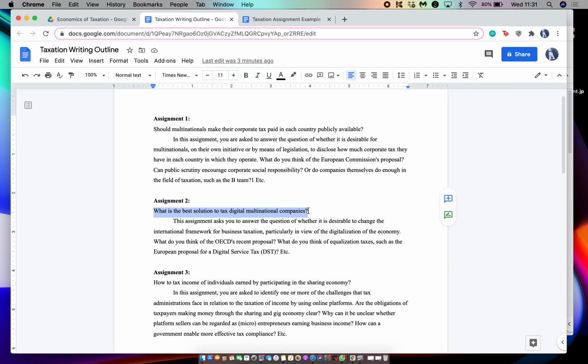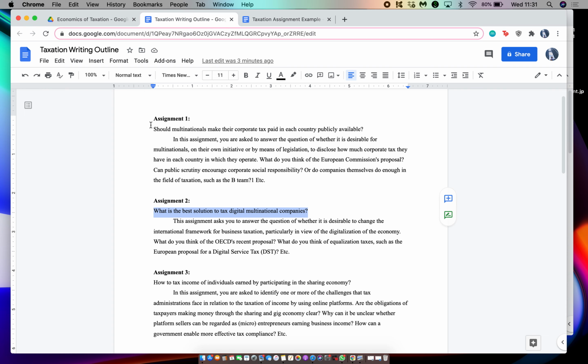That is a pretty broad question. You don't know what type of solution they're asking, long-term, short-term. Should you apply it to all multinational companies, all digital multinational companies, only ones in Europe, only ones in the States? It's pretty vague in terms of how much information there is.